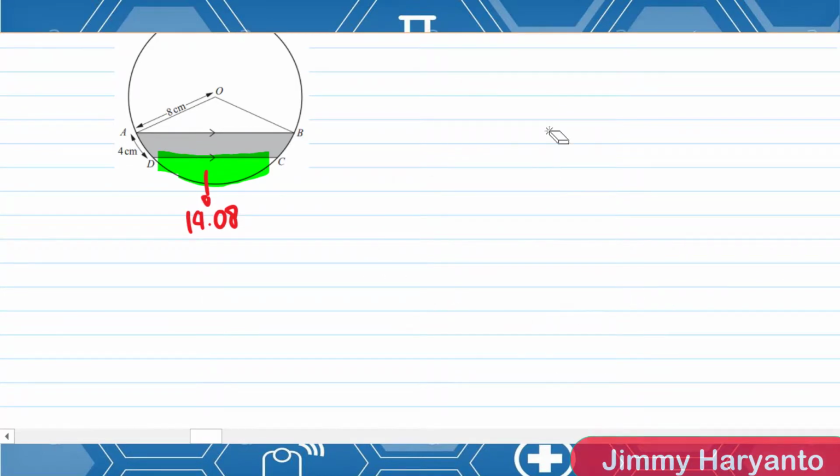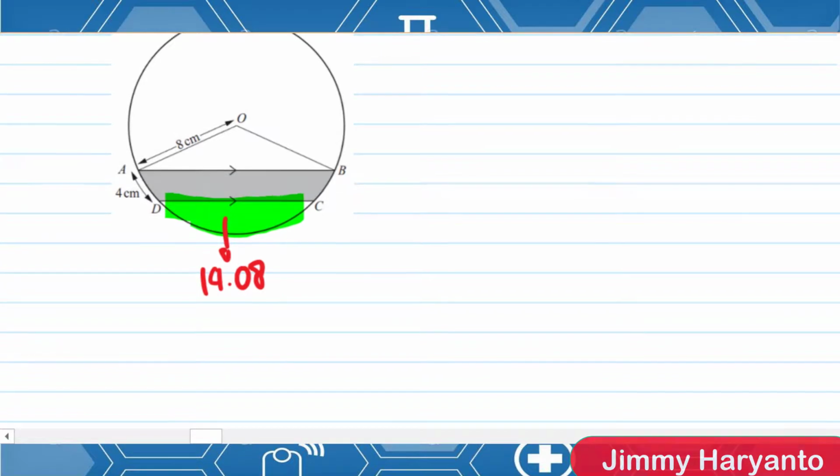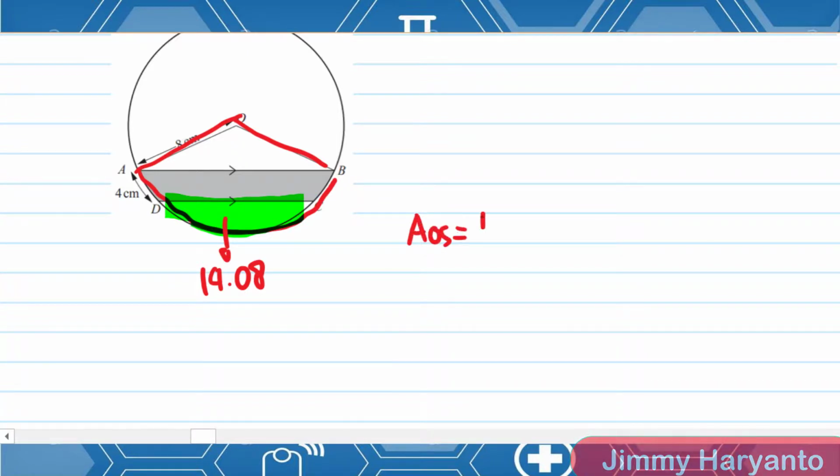Oh, to find that one, let's use the big sector. The big sector is this one. Okay, let's try to find the big sector first. Area of sector equals half times 8 times 8, sorry, half theta r square.